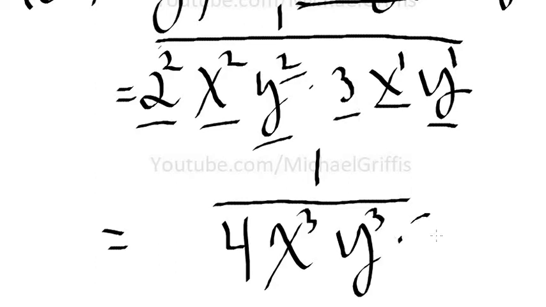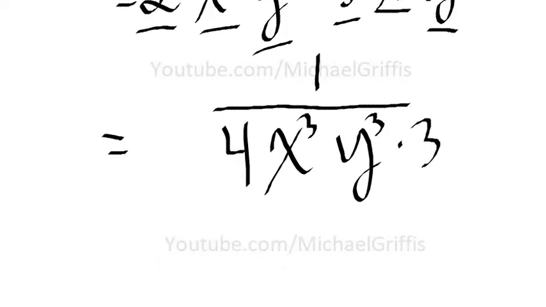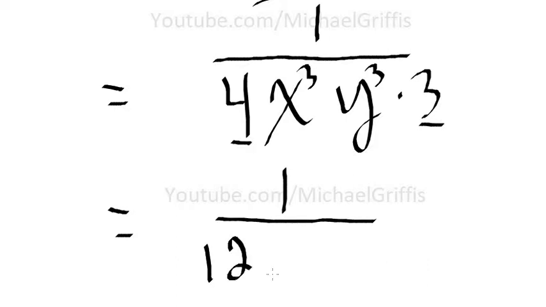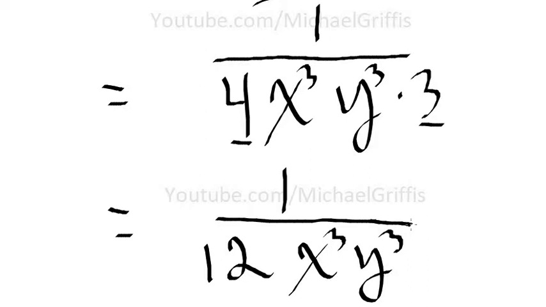And then we have this 3. I'm just going to throw it over here, but of course we'd never leave it like that. 3 times 4 is 12. So we have x cubed times y cubed over 12. All that stuff reduced right on down to there.